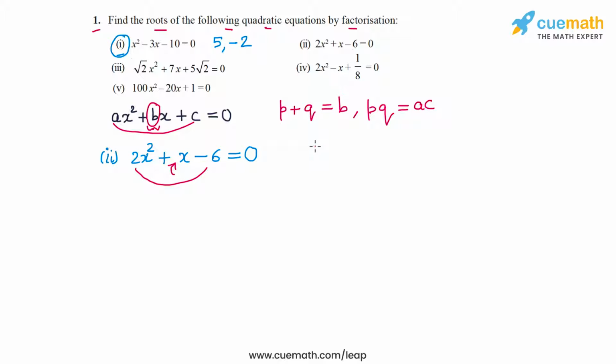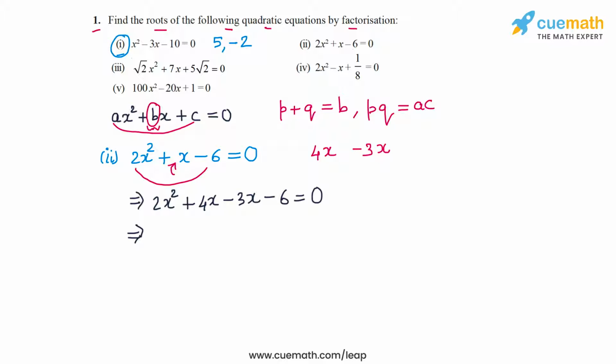Those two numbers are 4 and minus 3. So we'll split the middle term x as 4x and minus 3x. Let's do that. We will get 2x square plus 4x minus 3x minus 6 is equal to 0, and this is how we split the middle term.